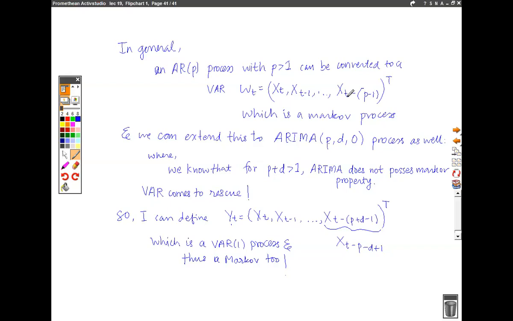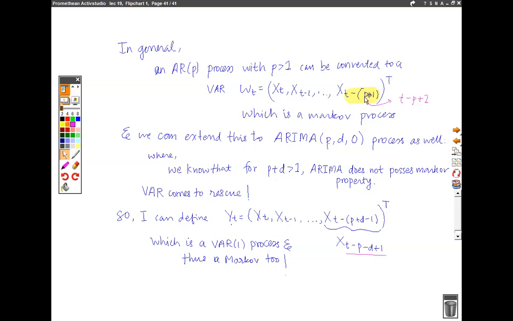So remember what we did here was, I had written t minus p minus 1, right? Which will just be t minus p plus 1. And this will just be x_{t-p-d+1}. So just to compare, let us say I'm looking at my AR(3) process, right?